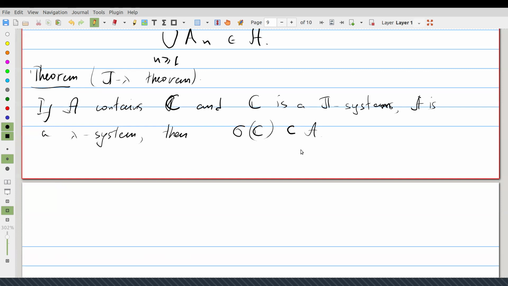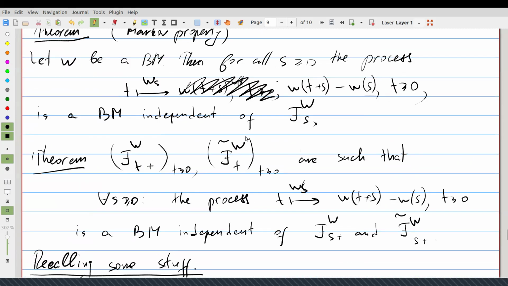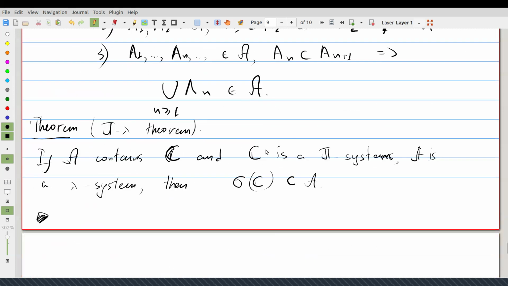If not, please check it in the corresponding course or in any advanced textbook on probability theory, or just prove it by yourself. It's not extremely hard. Now we can return to proving the statement we had here, that independence is preserved if we consider slightly bigger filtrations.